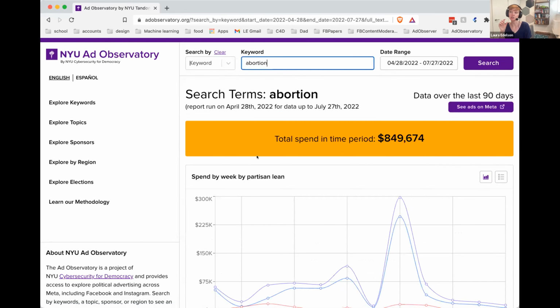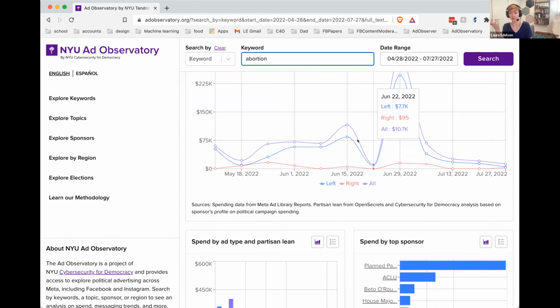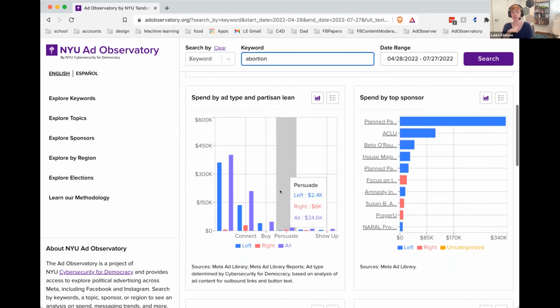And I see a much smaller amount of spend, but I do see a very similar pattern of a little bump here, I think when everyone kind of knew what was coming, and this much bigger bump when the Dobbs decision was released, and a similar but not identical list of advertisers.